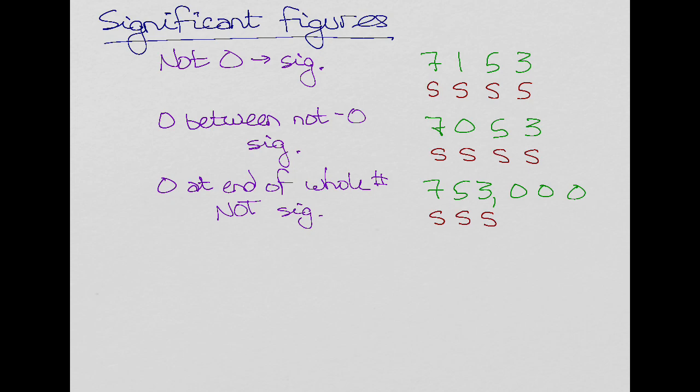Since all the rest of the digits in that number are zero, there's no decimal point or anything, all those ones to the right are not significant. So this is N for not significant. So the number 753,000 has three significant figures only.